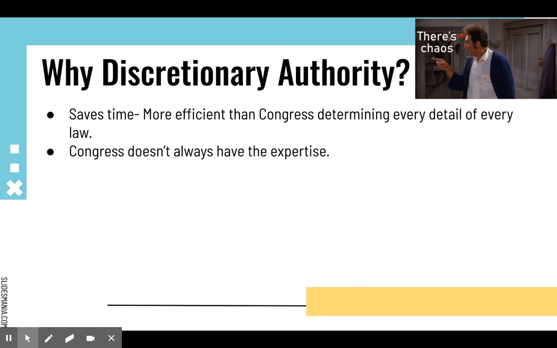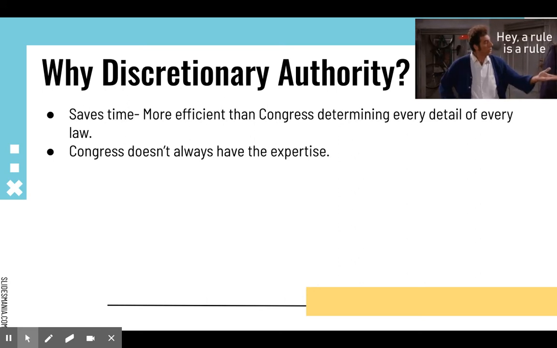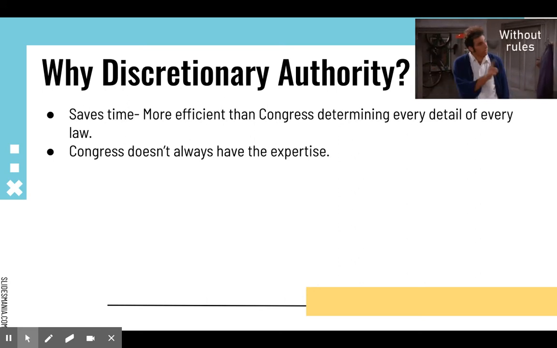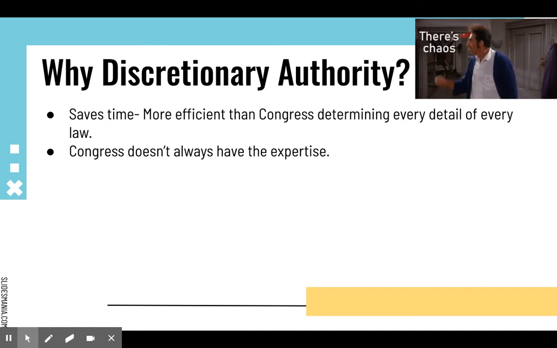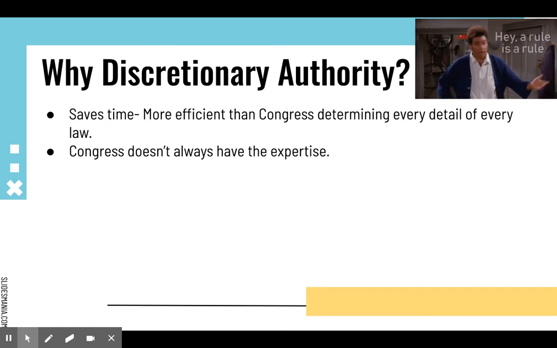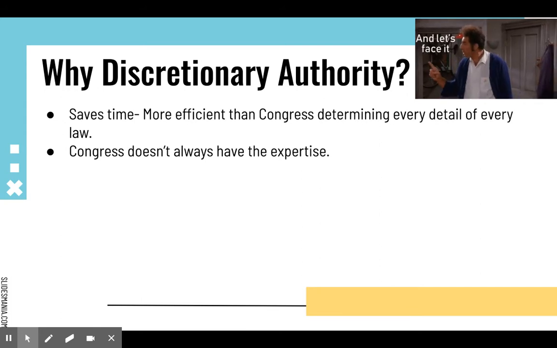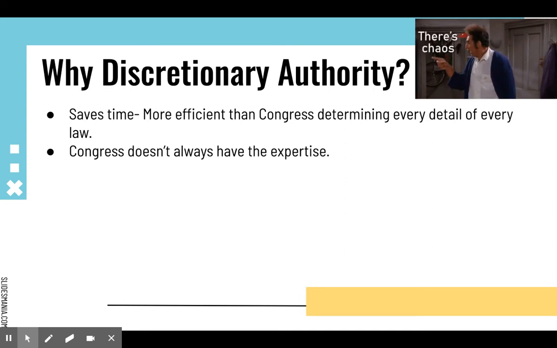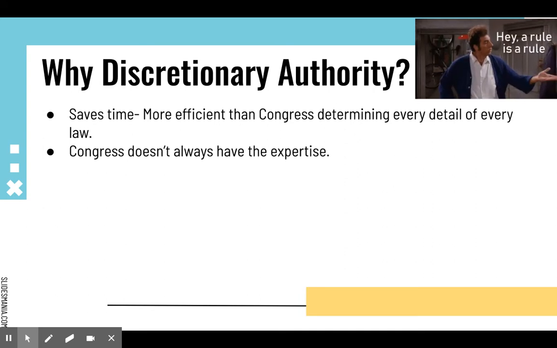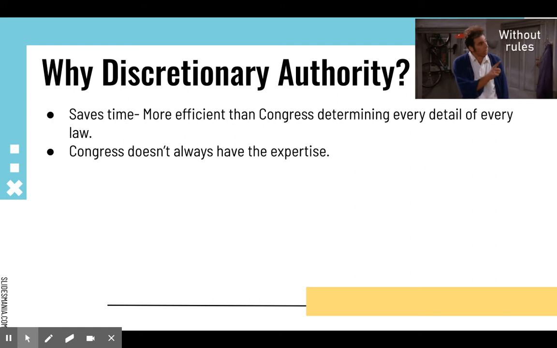So laws in this particular instance are left intentionally vague. Right, few of the 535 members of Congress who helped pass the act or the bill are experts in that subject. So they delegate or transfer the authority to the agency or commission or department that are the experts, right?